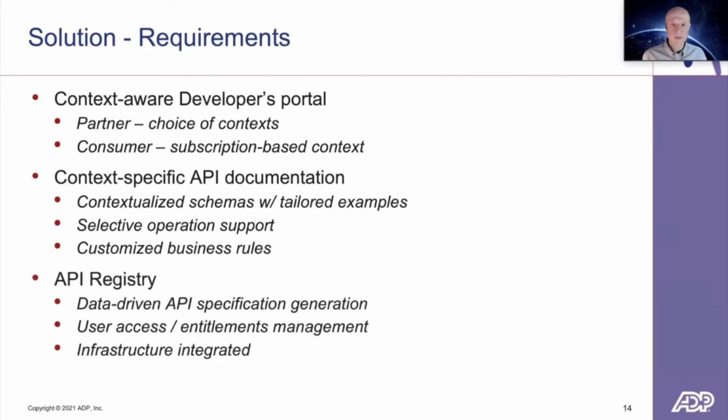Centralized API specification, data store, or API registry, capable of generating API specifications on demand based on requested context and user entitlements. It's important to mention that API registry is also integrated into the infrastructure. That's how we did it.